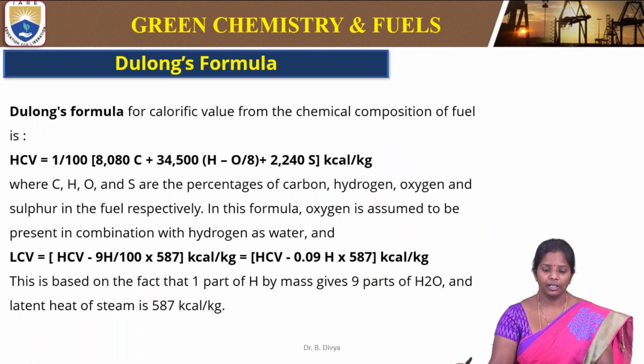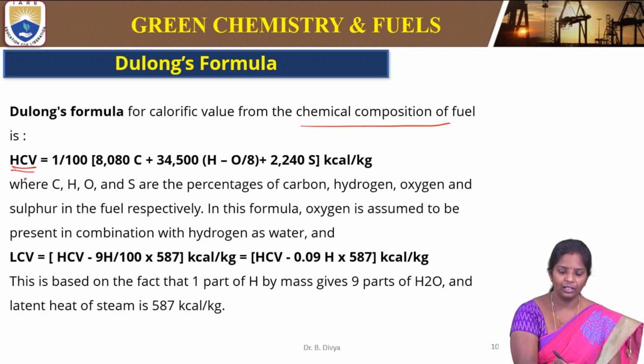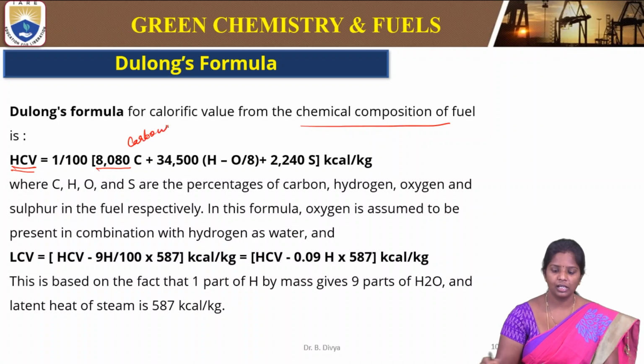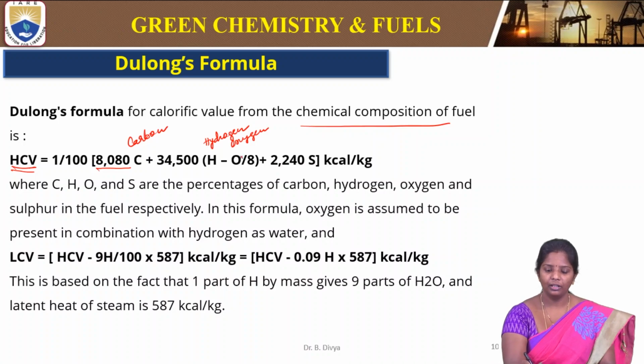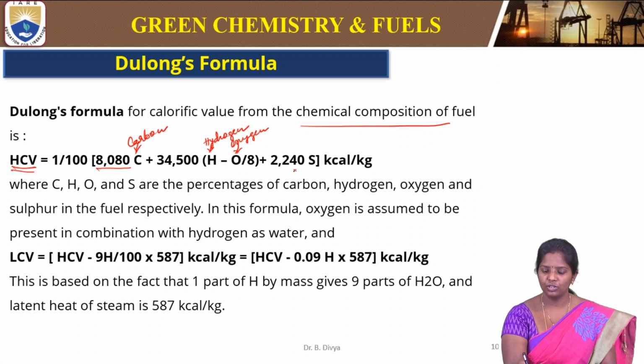Scientist Dulong proposed a formula to calculate the calorific value from the chemical composition of the fuel. It is given as higher calorific value equal to 1 by 100 into 8080 C, that is carbon, plus 34,500 into (H minus O by 8), where H is hydrogen and O is oxygen, plus 2240 into S, sulfur.